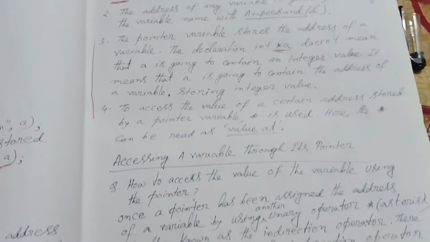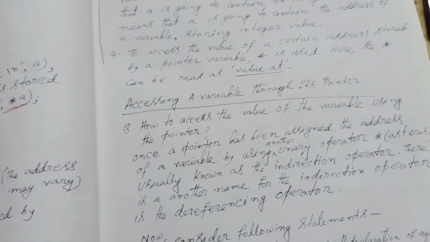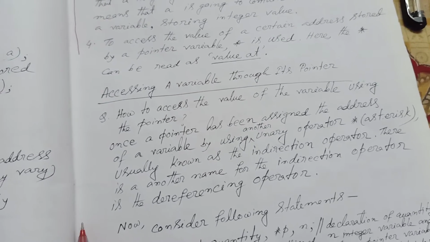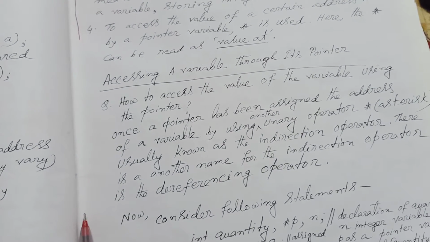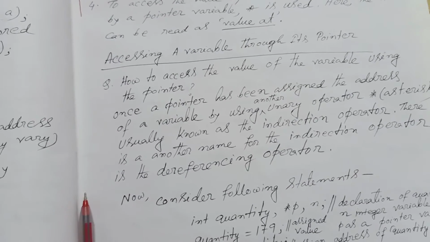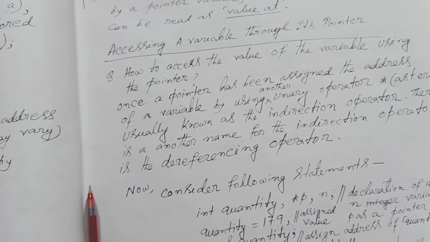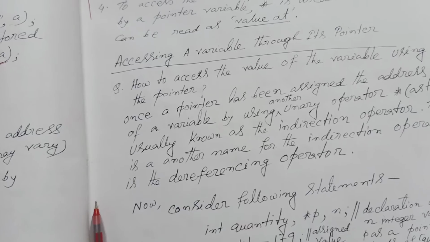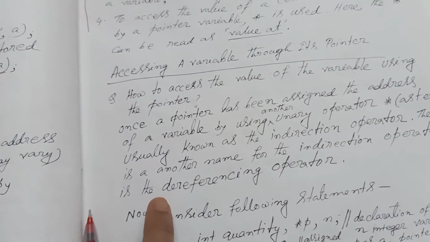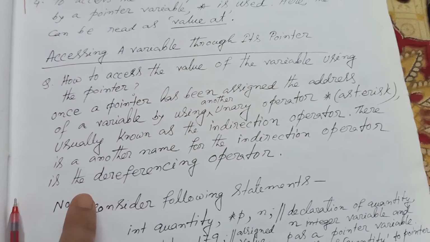Now let's take a look at how we access a variable through a pointer. Here we should get a question: how to access the value of the variable using a pointer? The answer is, once a pointer has been assigned the address of a variable, we use another unary operator, the asterisk, usually known as the indirection operator.